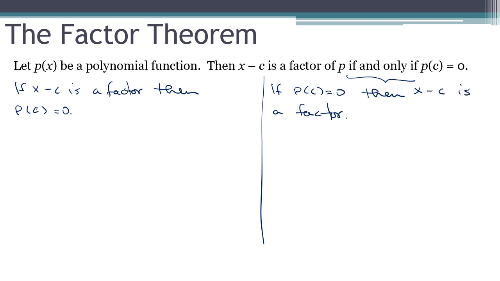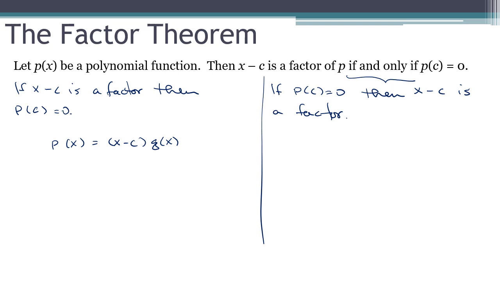Let's take a look at the first one here. I know that x minus c is a factor, and I want to show that that means that p of c is equal to 0. Remember what it means to be a factor. That means I can multiply x minus c times some other polynomial and get p.